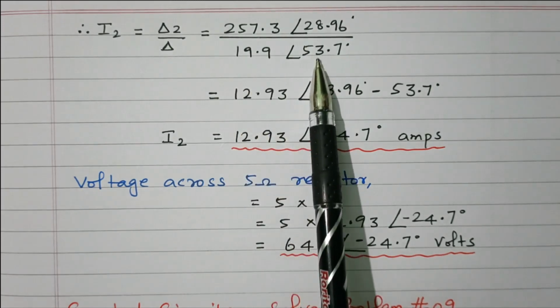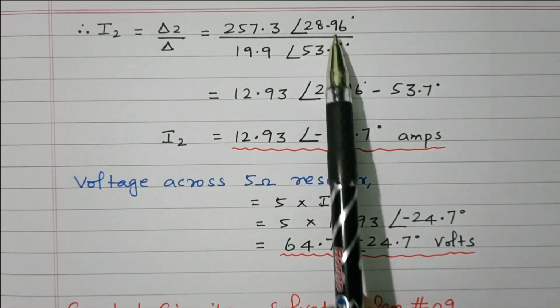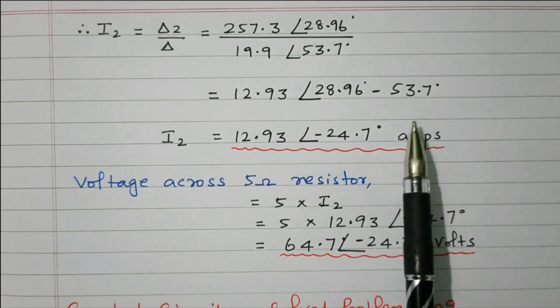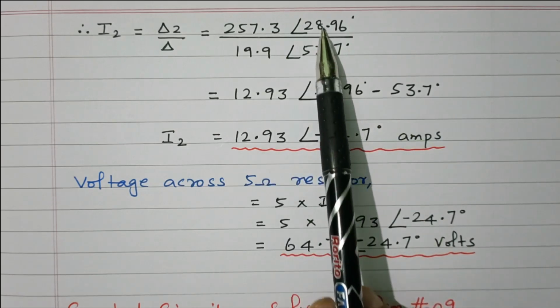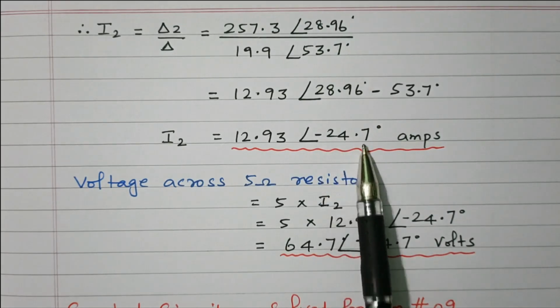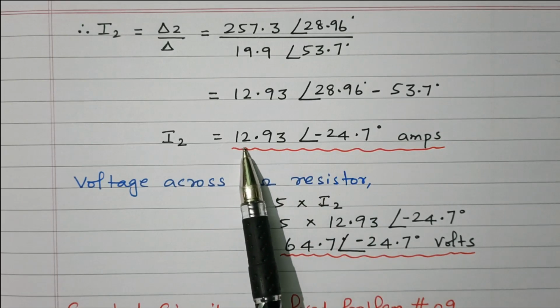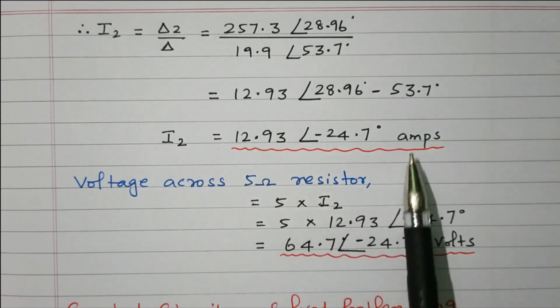Then the angle, how to do that? If it is division, we have to subtract the angle. 28.96 minus 53.7. If it is multiplication, we have to add the angle. Division means we have to subtract. So what we got? Minus 24.7 degree. So 12.93 angle minus 24.7 degree amperes.